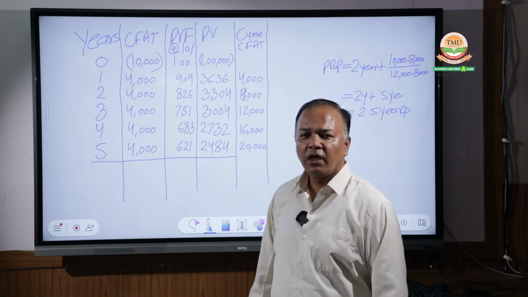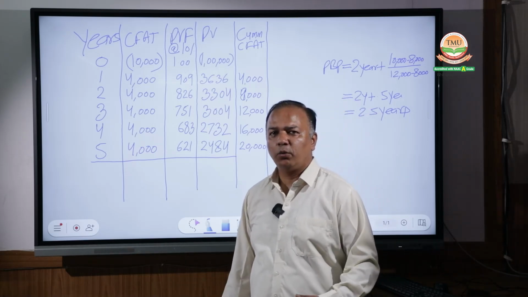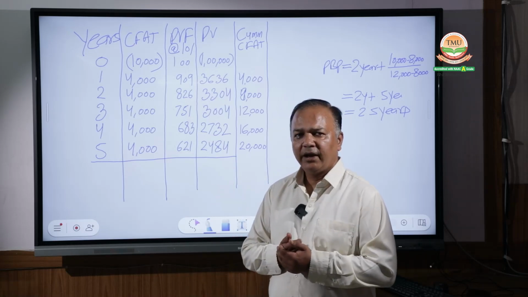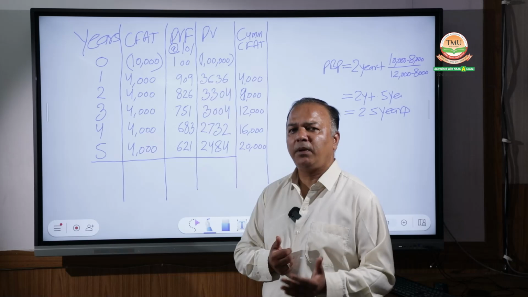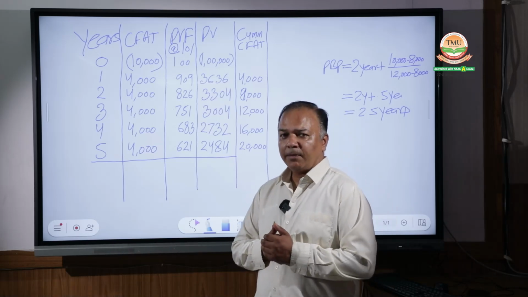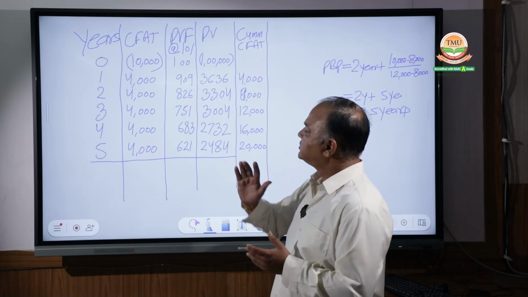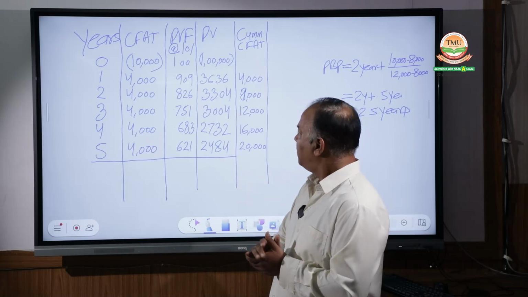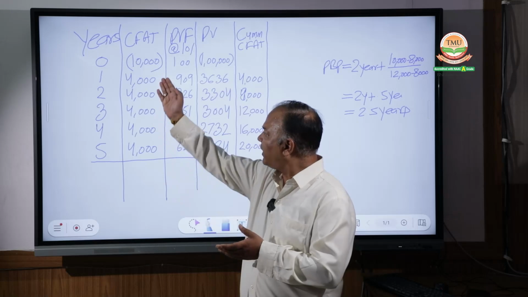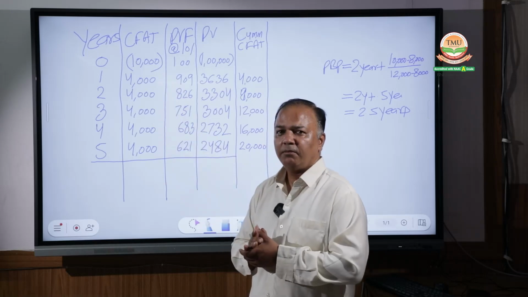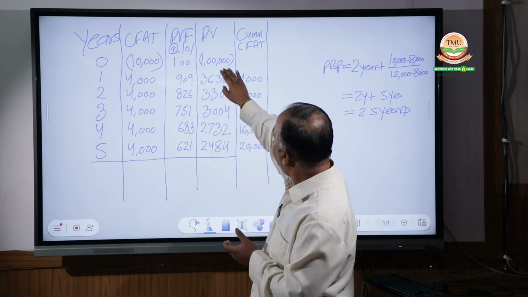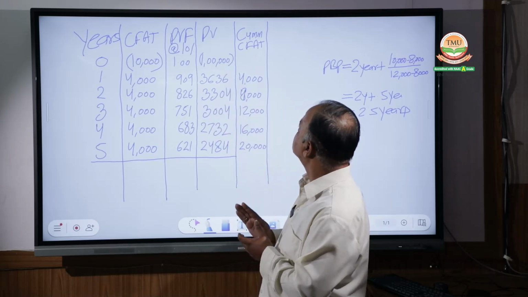Now I have to calculate discounted payback period. To calculate discounted payback period, we have to follow same approach. But for calculation of payback period, we are adding cash flows. But whenever we have to calculate discounted payback period, we have to add present values.